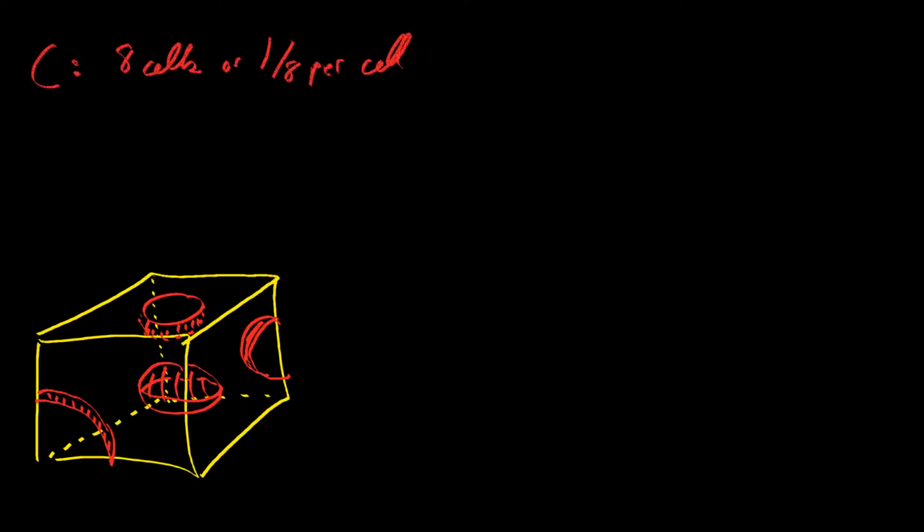Okay, first up, we have an atom sitting on the face of a cell, an atom sitting on the edge of a cell, or an atom sitting on the interior of a cell, sitting inside of a cell. Now, we already looked at the corner case, and we saw that it was shared between 8 cells, or 1/8 sphere per corner. Okay. So let's go ahead and take a look at the edge case.